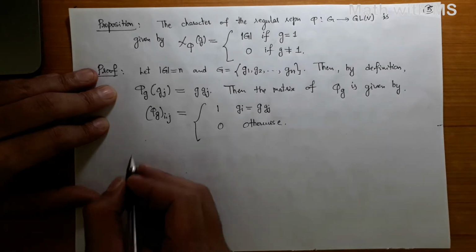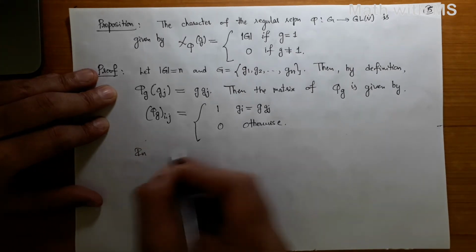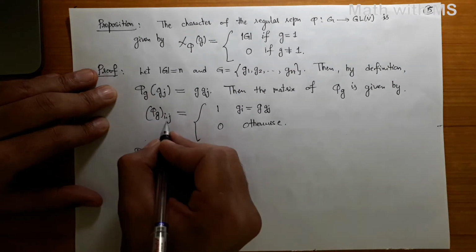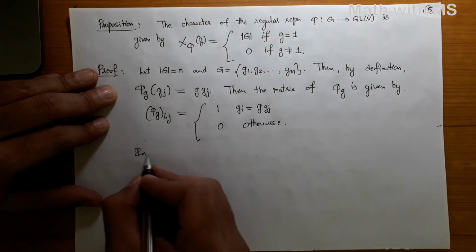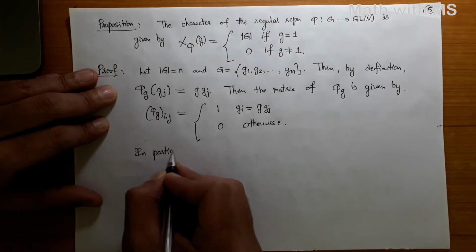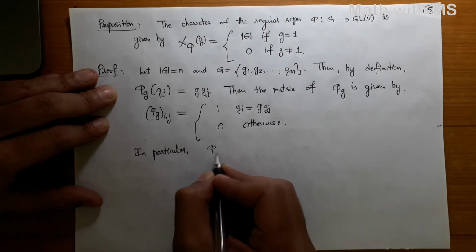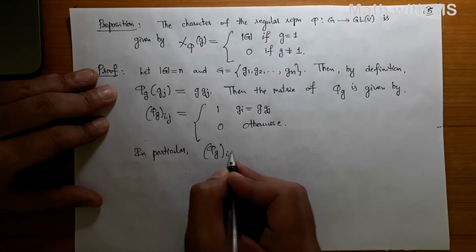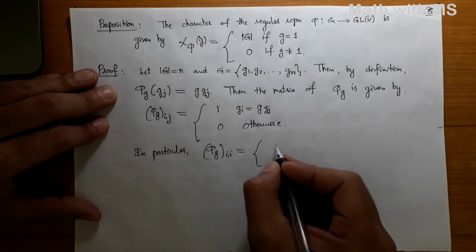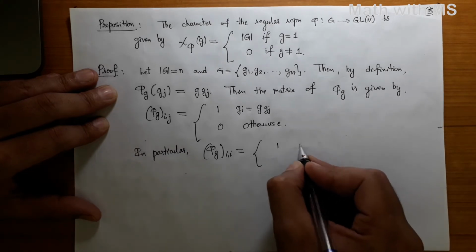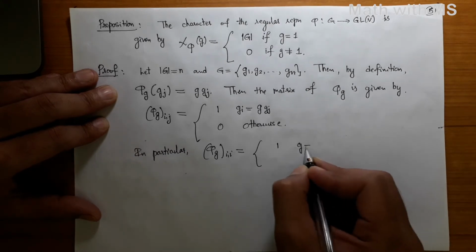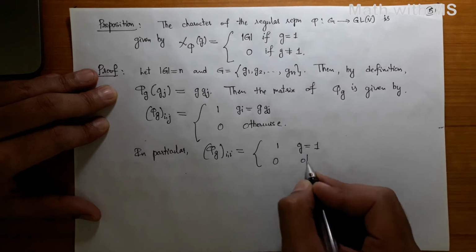In particular, because you want to find the trace, you have to find the entries phi_g(i,i). The entries look like this. This is 1 if g is 1 and 0 otherwise.